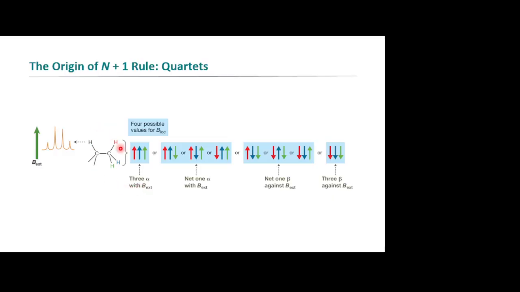You're going to get 1 peak from all 3 of these being the same thing, and then you're going to get another peak for 2 being the same thing, and then 1 being the other. And so this is up, up, up, then up, up, down, and all the combinations there, just 3 times more likely than being all ups. And then you get up, down, down, and that's all the combinations there. And then you get all downs, don't you? And that's the split right there.